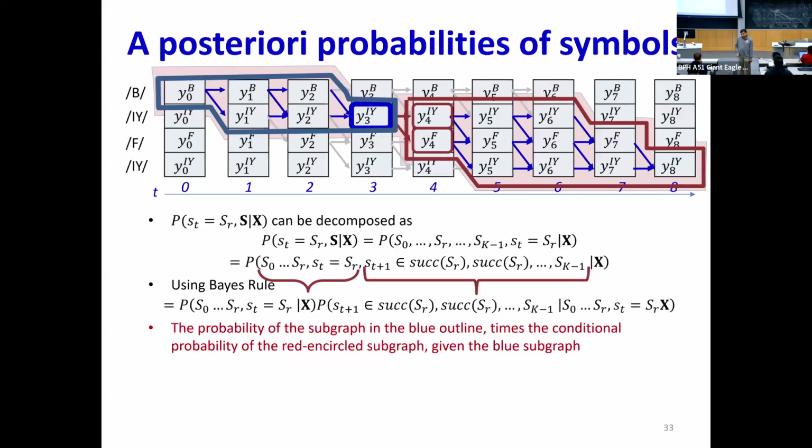Yeah. E for EFE. So this represents aligning EFE to x4 to x8. But that's conditioned on ending up over here, right? That's aligning B to x0 to x3. Okay. Now, that's all very fine.